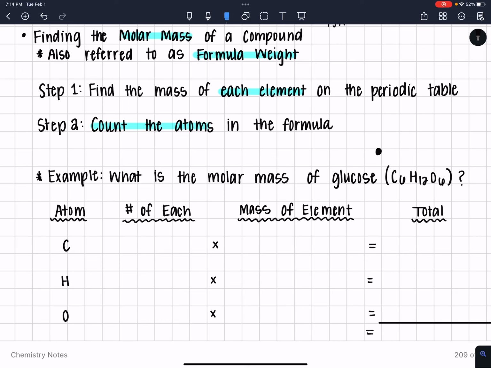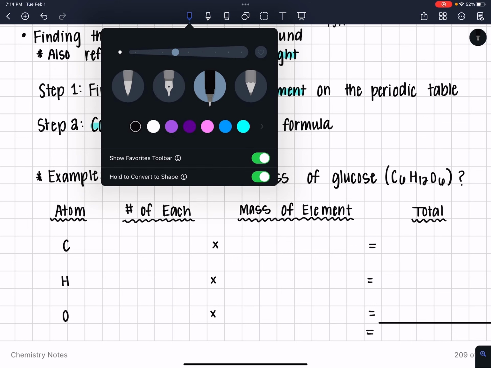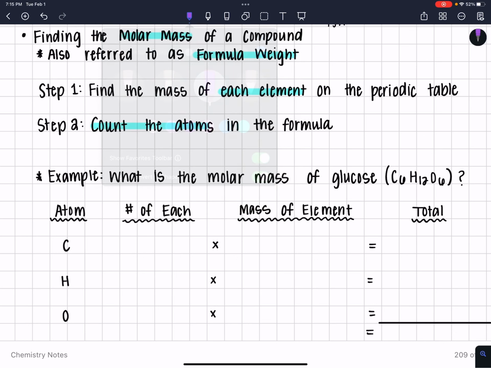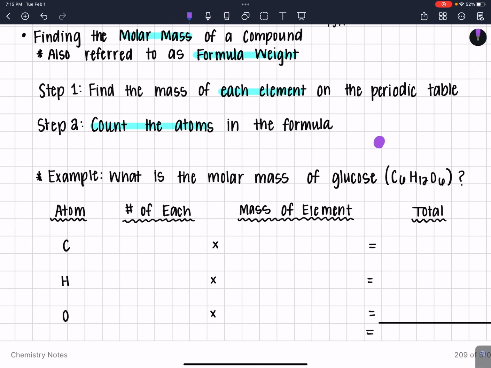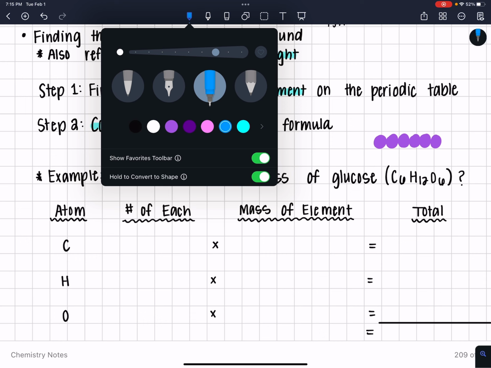I'm going to try drawing this. Let's do it in some colors here. That means there are 6 carbons connected together. So maybe I should do this in a bigger marker. Yeah, let's do this in a bigger marker. So there are 6 carbons: 1, 2, 3, 4, 5, 6 carbons connected to 12 hydrogens. 12 hydrogens.